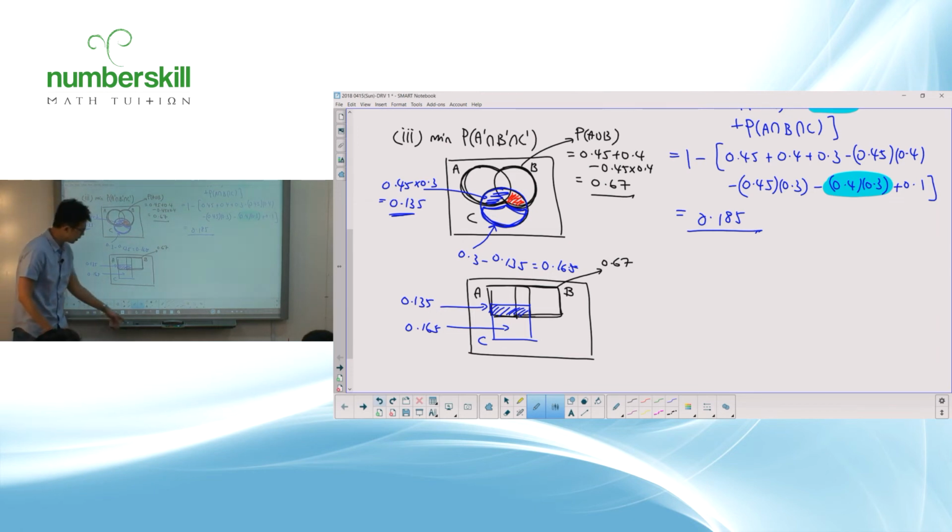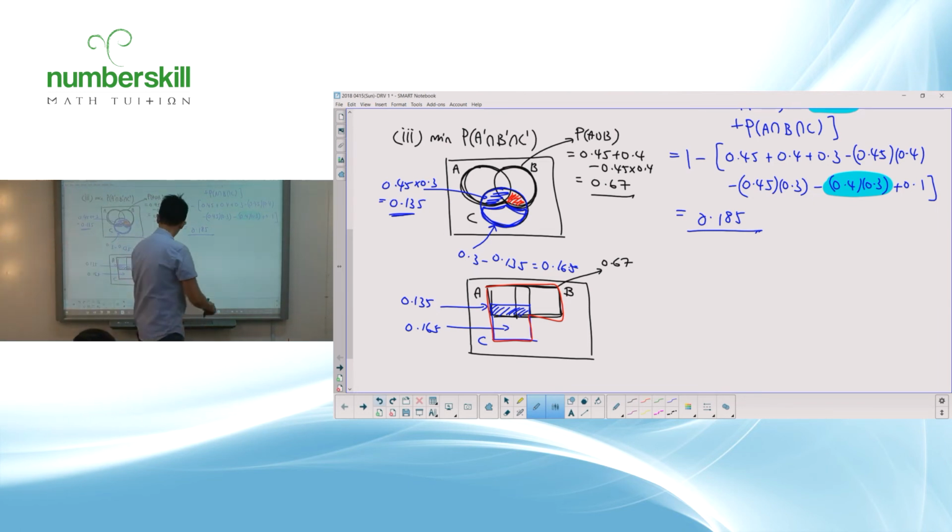Understand? So now that we get all the necessary things up, bear in mind what our job is: to find the shaded part outside. Okay? So all in all, this whole Mickey Mouse will be taking up 0.67 plus 0.165. Make sense? So therefore, we actually solve our problem, right?